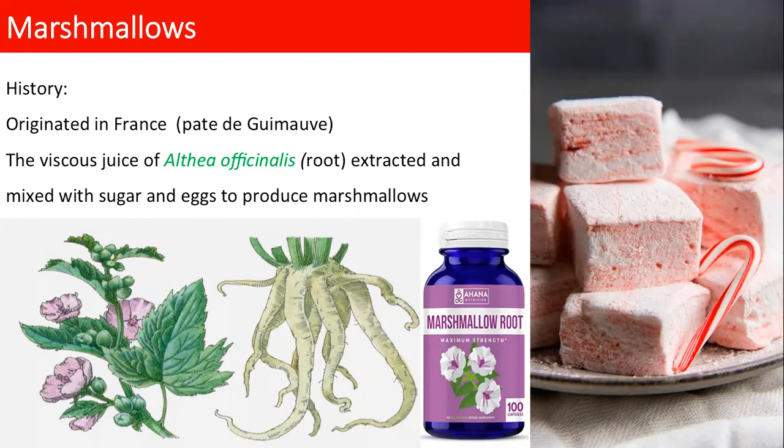But nowadays we are using some chemical agents, artificial chemicals to develop marshmallows, because the industry has changed and the requirements and the market also change. So with this market, it is difficult to develop these marshmallows by using these natural ingredients.